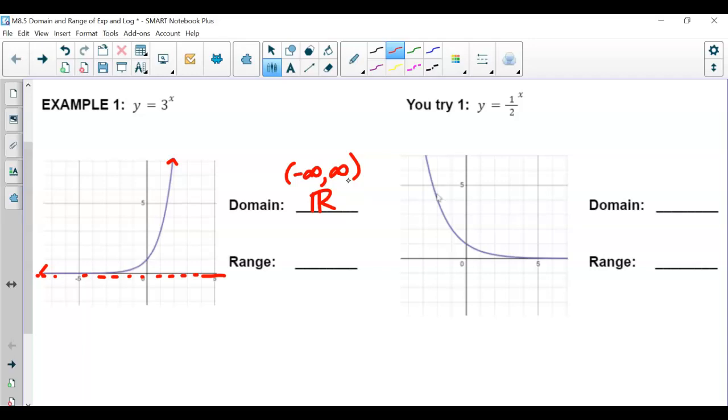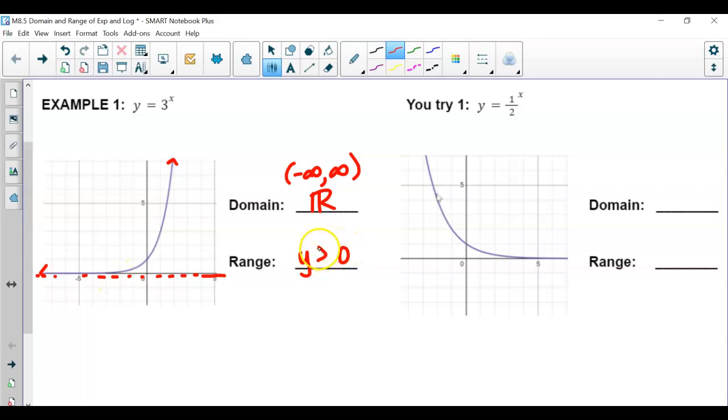Then the range, so now notice the range though, because that's your y values, right? That's your up and down. Well, notice the graph is only above this asymptote. It gets closer and closer, but never reaching that value of 0. So that means here that our range values, y, are greater than 0.